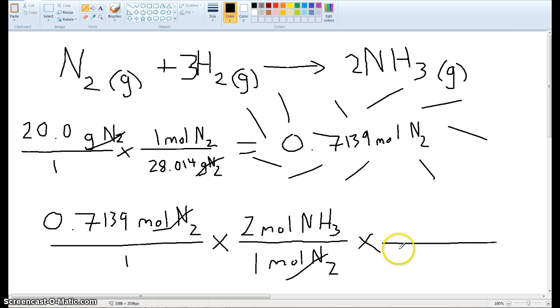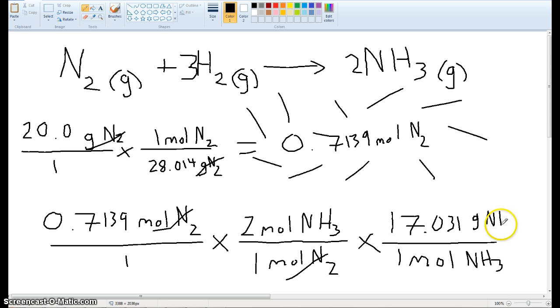We're going to want grams of ammonia, so in 1 mole of ammonia, let's see, we've got 3 hydrogens, and we've got 1 nitrogen. Should give us something like 17.031 grams of ammonia, depending on how you round it, of course.